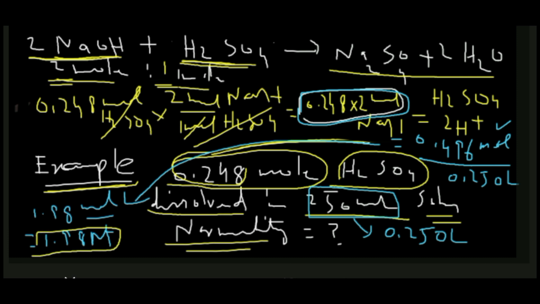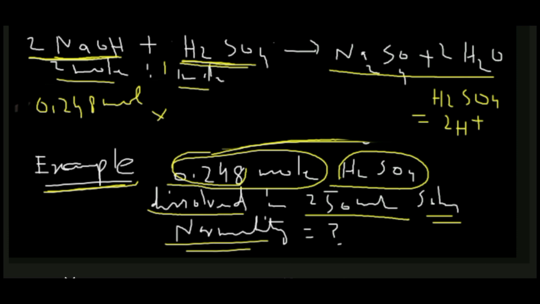So this is the 1.98 molar of sodium hydroxide we get by reacting the sulfuric acid with the sodium hydroxide. Now if you want to calculate the normality, here we have been given 0.248 mole of sulfuric acid.